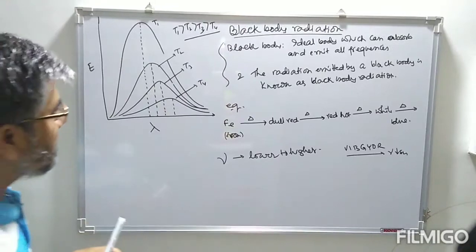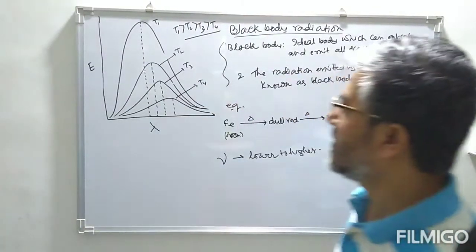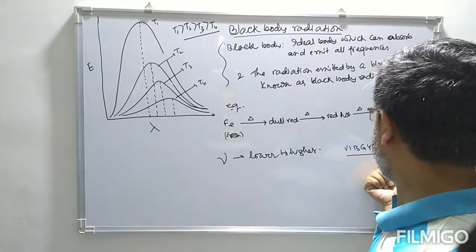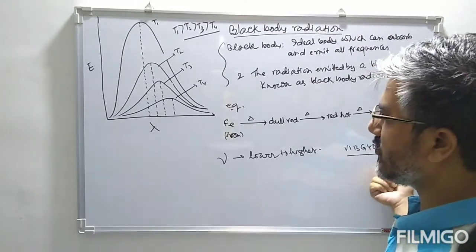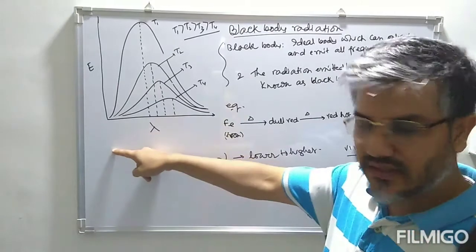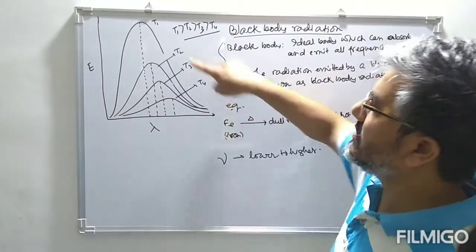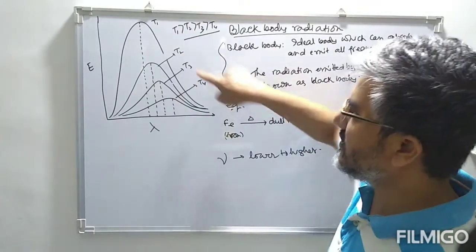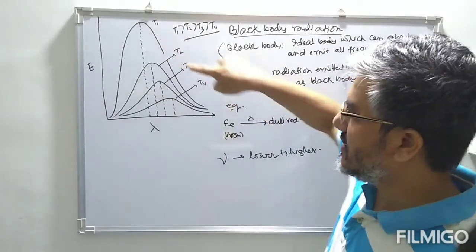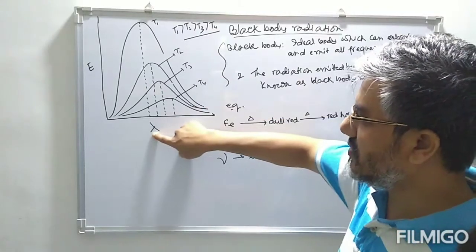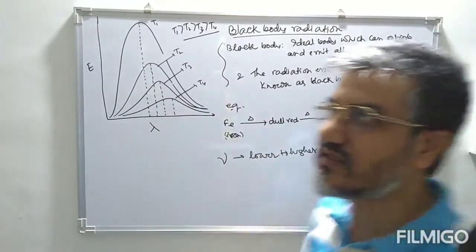So as the temperature increases, the frequency increases, and frequency increases means wavelength decreases. So moving from lower temperature to higher temperature, the intensity of radiation emitted increases. If the intensity increases, it means frequency increases, or wavelength decreases.